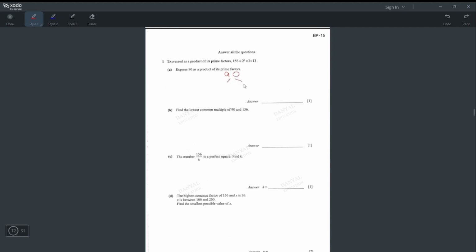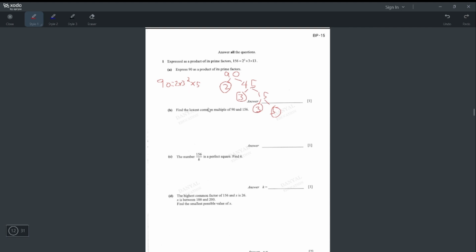One is you do the splitting, branching method, whatever you call it, where you basically try to divide by the primes as small as possible in the left side and until you reach a prime number on the right side. So you'll have 2, 3, 3, 5, meaning that 90 is equals to 2 times 3 squared times 5.